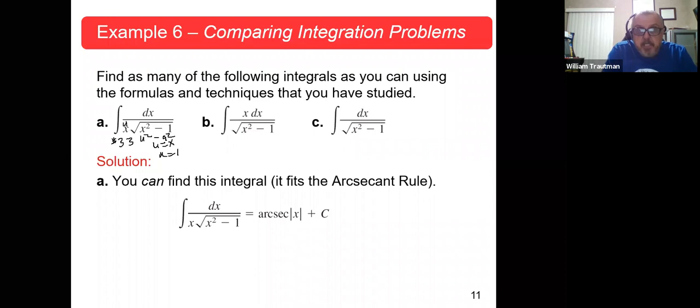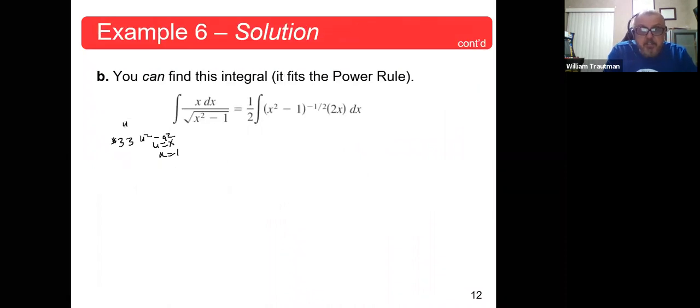Now, B, kind of interesting. You can try to look for B. Yeah, this is B. If you look at B, let's rewrite this. Oh, they rewrote it kind of for us already.